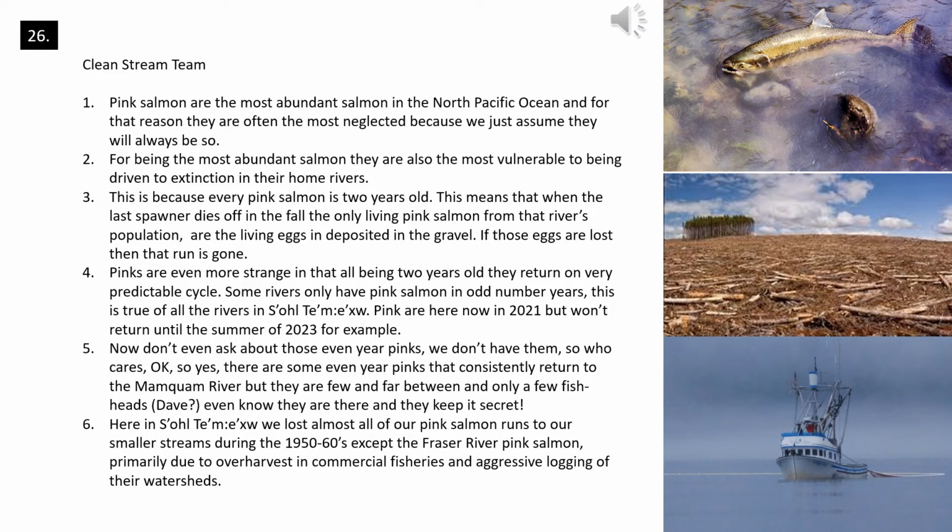Now it may take a very short time if pinks are really abundant, but as we've learned here in our area, when pinks are depressed and there's not a lot of pink salmon around, when you lose pink salmon in your watershed, you don't get them back in a hurry. Sometimes decades they have not come back.